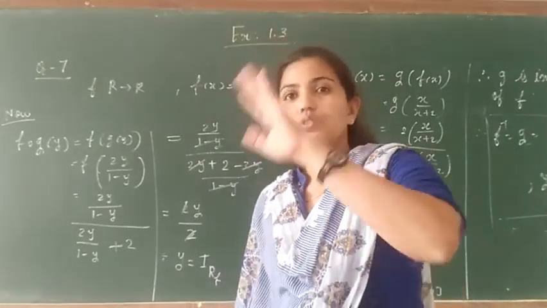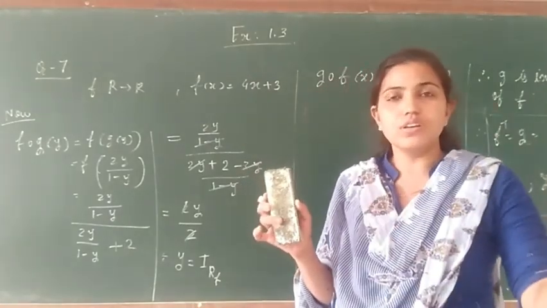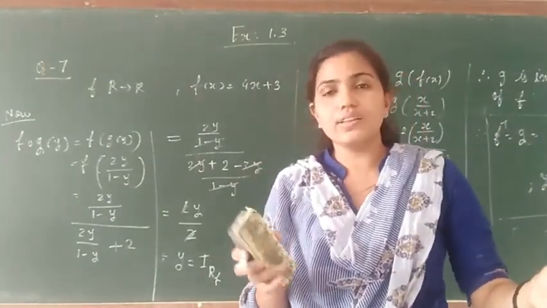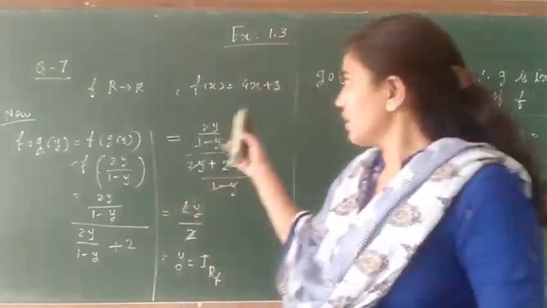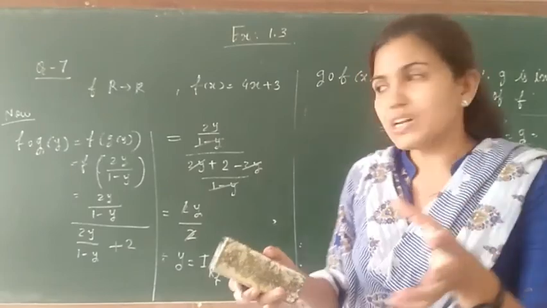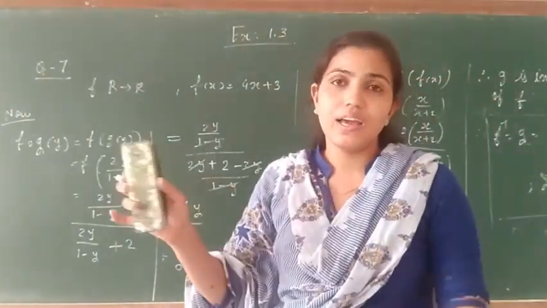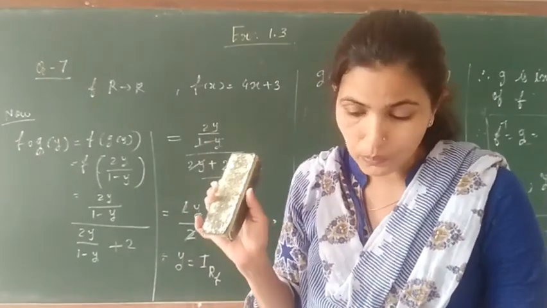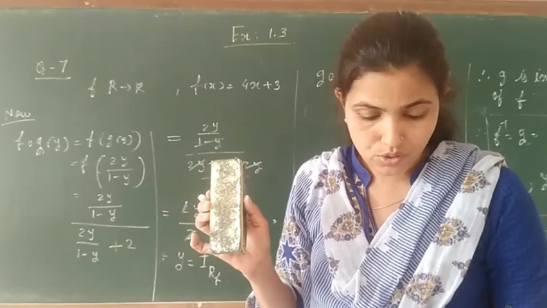So you can directly do this: f of x is equal to y, then find g and define g in such a way, and then show that the composition is identity. So that much you can do directly. If your composition is the identity function, then we can say that it is an invertible function and the inverse is defined like this. So question number 7, I hope you can do it.